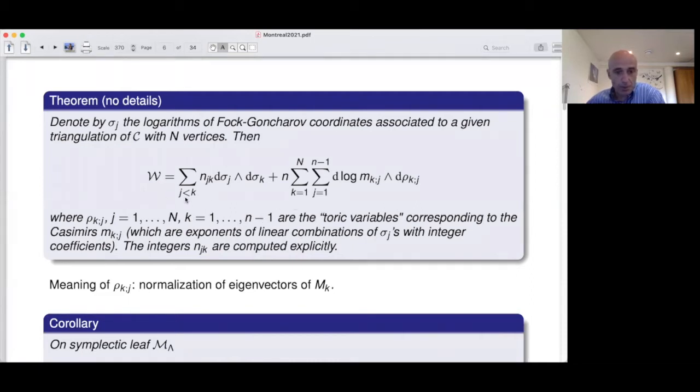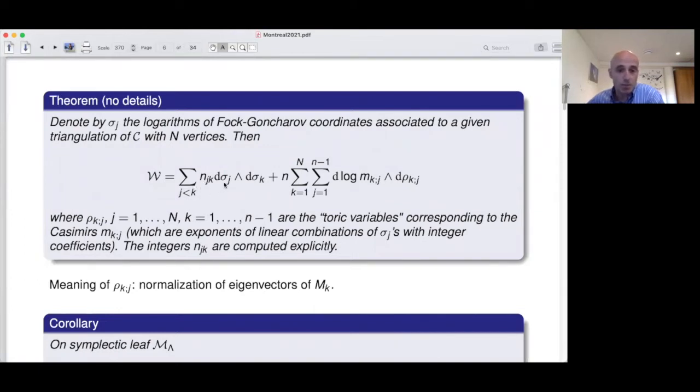The statement is that the form W, which I have written before, the sum of the Alexeyev-Malkin form and an additional piece, makes it a form on the whole extended space, and this form is non-degenerate. If you restrict it to the symplectic leaf, then you forget about this piece. The sigmas, of course, become dependent then, and the n's are just integer numbers.